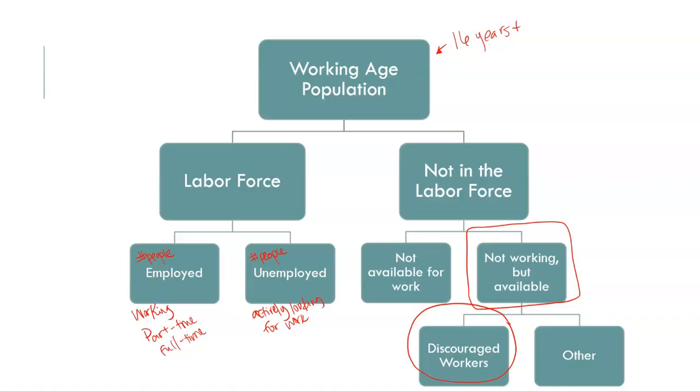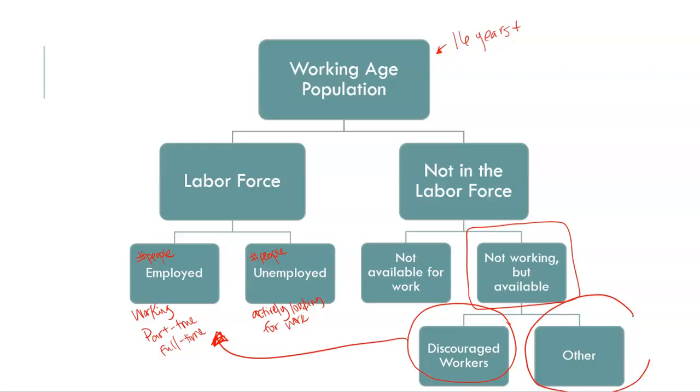They don't think there are jobs out there. Maybe they think, oh, I need to go get some new training, new skills. Maybe they're structurally unemployed, and so they don't have the skills that employers are looking for, and they just give up looking. These would be discouraged workers. But if they did have the skills, or if a job came available, if somebody offered them work, they would take it, right? They would willingly jump back into the labor force if they thought they could get a job.